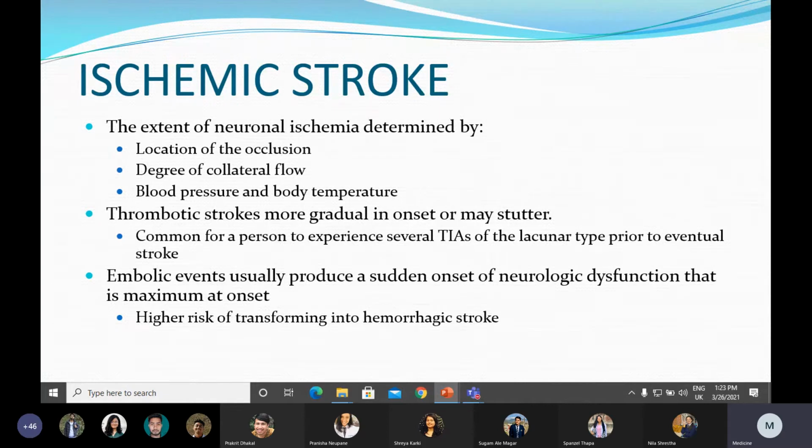So if a patient has got atrial fibrillation, and a clot skips from the left atrium into the brain, then there will be a sudden onset of neurological dysfunction, and the neurological deficit will be maximum at the onset.